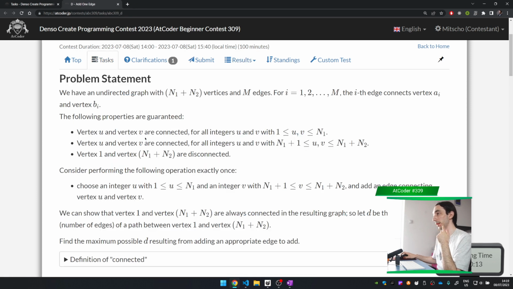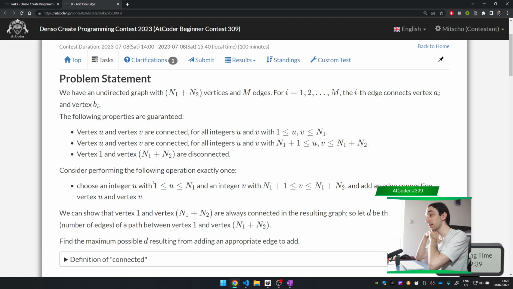C gets accepted. Consider performing the following operation exactly once. Choose an integer u from the one clique here and an integer v from the other clique, and add an edge connecting these two. We can show that vertex 1 and vertex N1 plus N2 are always connected in the resulting graph. Let d be the minimum length, number of edges, of this path.